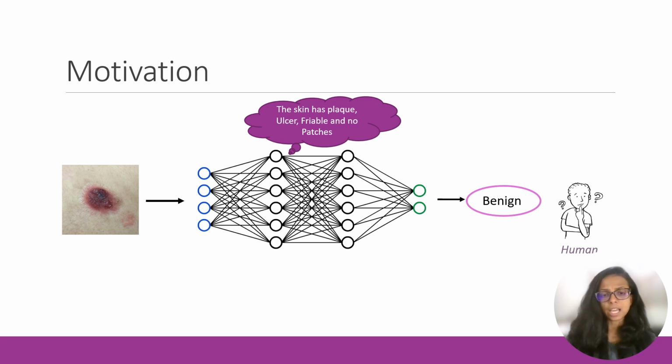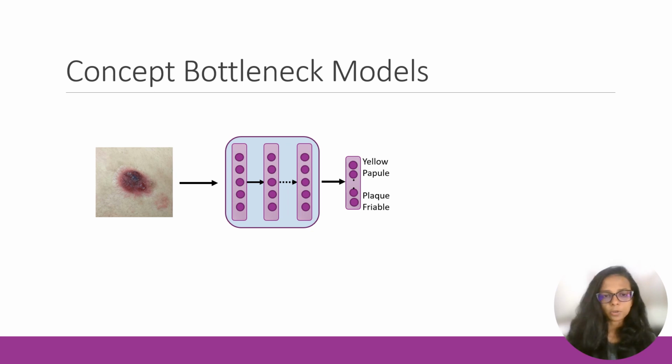One way to do that is to introduce concept bottleneck models. In essence, what a concept bottleneck model does is it predicts high-level human understandable concepts, which are trained in a supervised fashion from a given image. Over here, we can see that the image gives different concepts as predictions, either friable, plaque, yes or no. So these are binary concepts that are present.